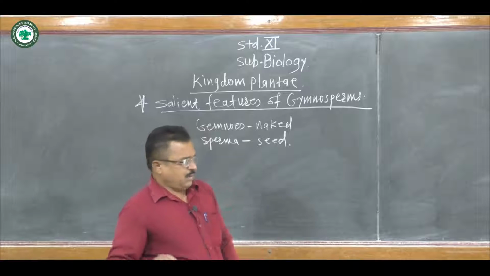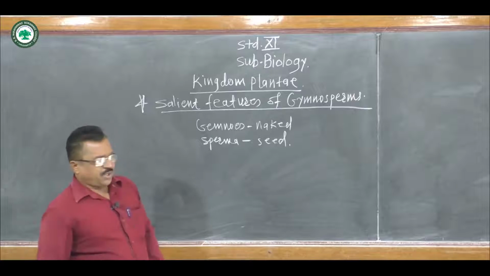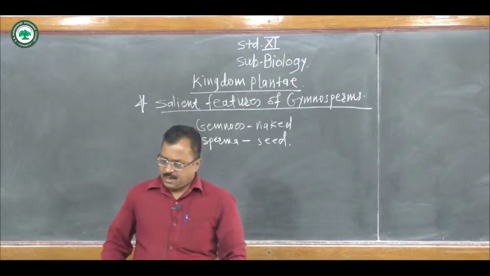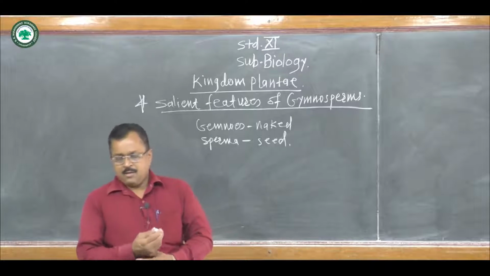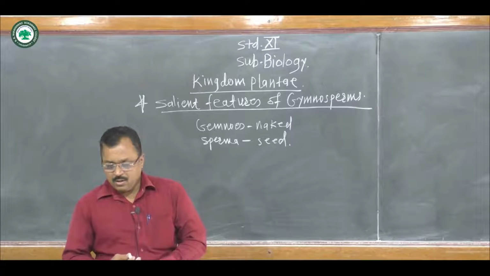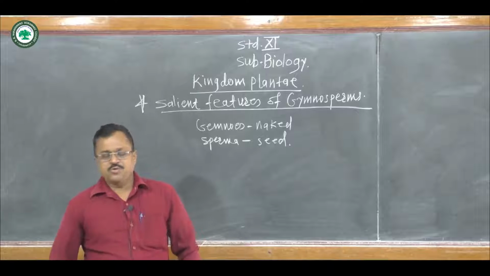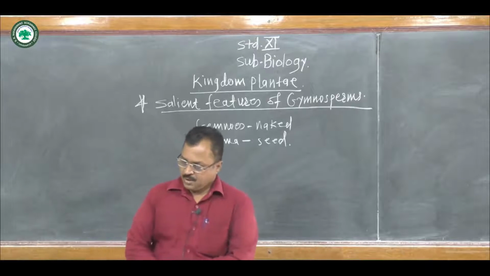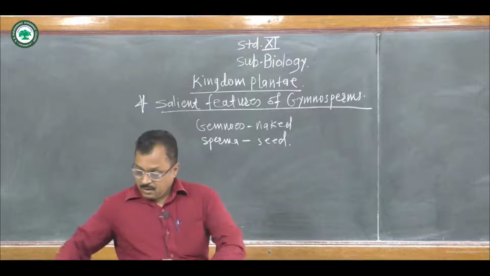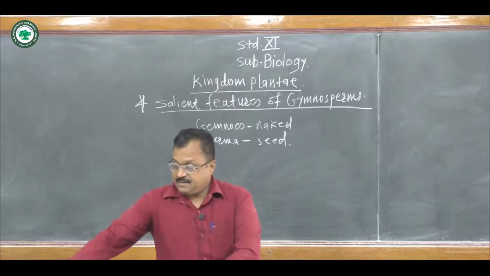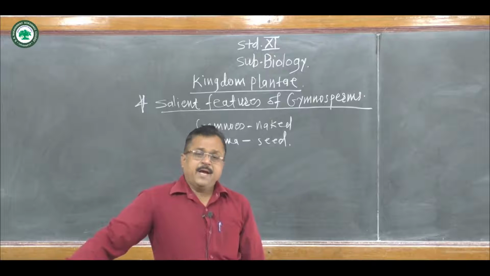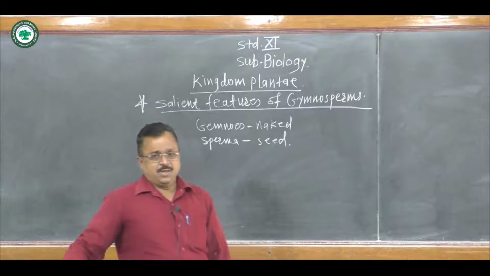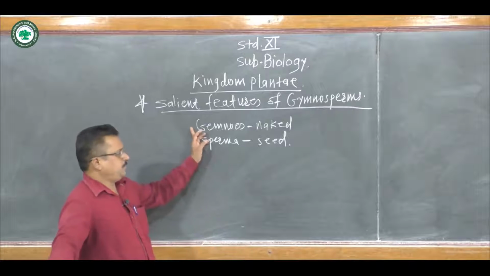There are about 70 genera and 1,000 living species of gymnosperms found in the world.